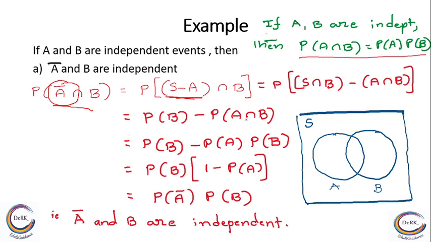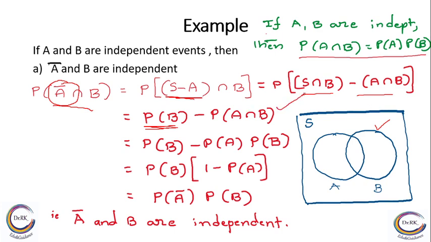Now this can be written as S intersection B minus A intersection B. Now S intersection B is what? S is the complete sample space and B is this. So the intersection of these two is nothing but B only, right? So minus P of A intersection B.